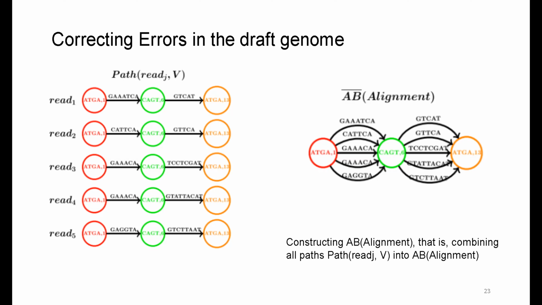If there exists a mutation that increases the probability of generating the segments, we select the mutation that results in the maximum increase and iterate until convergence. We then output the final sequence as the error-corrected sequence of the necklace. Next slide, please.